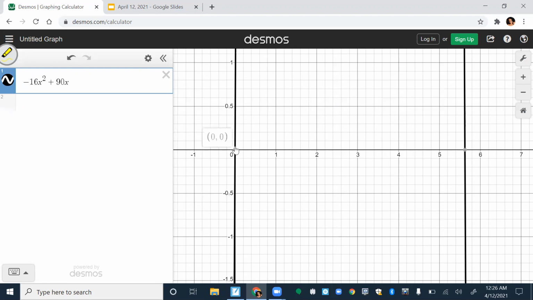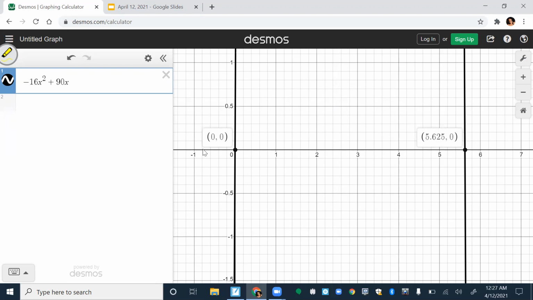And we're going to look for where it crosses the x-axis. And we can only have one answer. So how many seconds will it take for the ball to reach the ground? Well, the value on the left, (0, 0), is when no time has passed and it has not been kicked. And this other value would be when about 5 to 6 seconds have passed and the height is now 0.